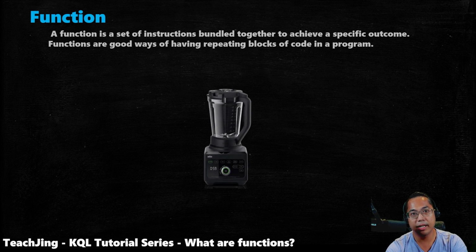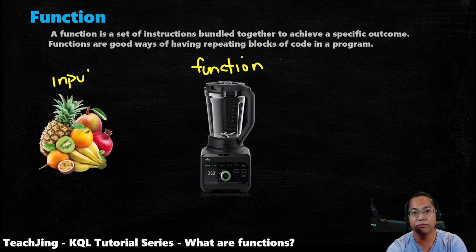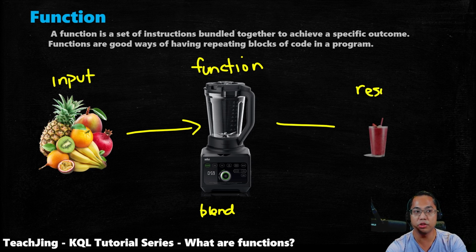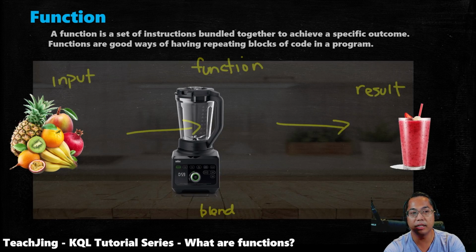Okay. And an analogy I would relate it to is a blender, right? You have fruits, or whatever items or inputs you have, that you put into the blender. And once you put them in, its job is to blend and give you a certain output. The output is going to be that smoothie, right?